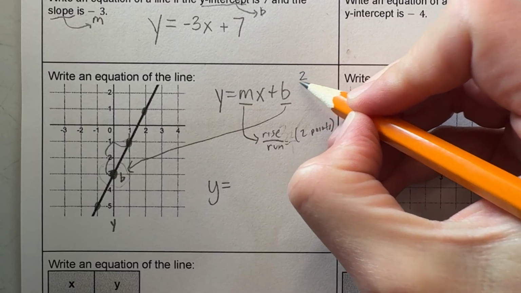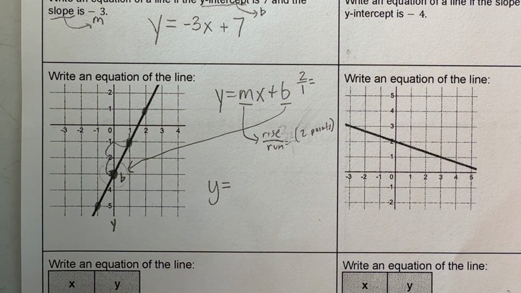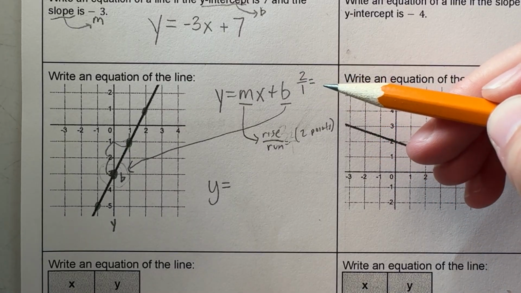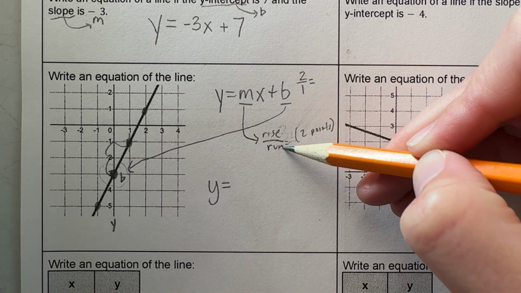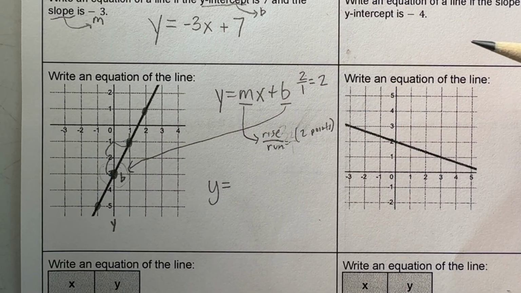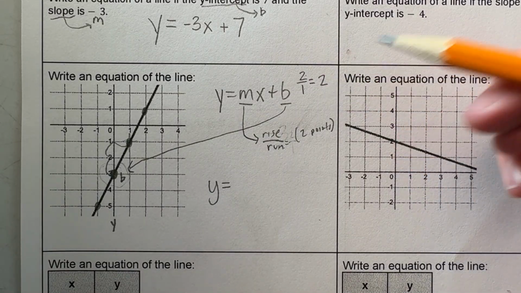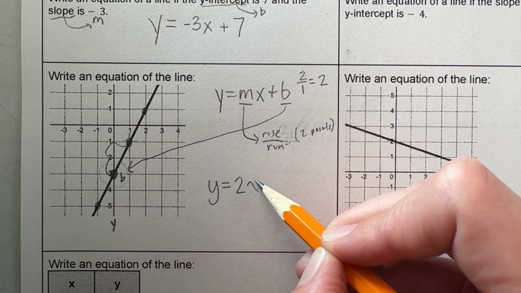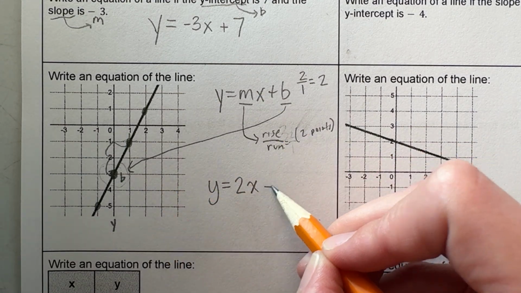Sometimes we have to simplify. Remember that any slope is a fraction, a number over a number, rise over run. This says 2 divided by 1, that's just the number 2. Sometimes it's going to stay a fraction, sometimes not. In this case, my slope is +2, and the y-intercept is -3.